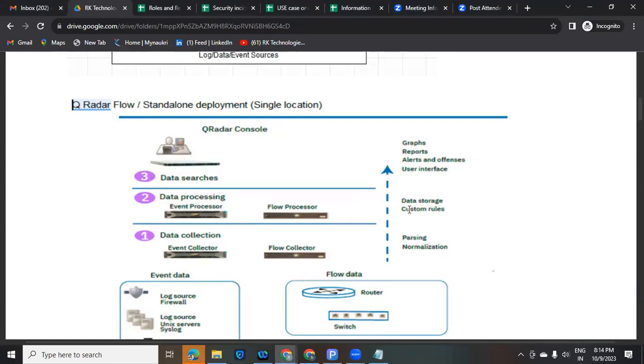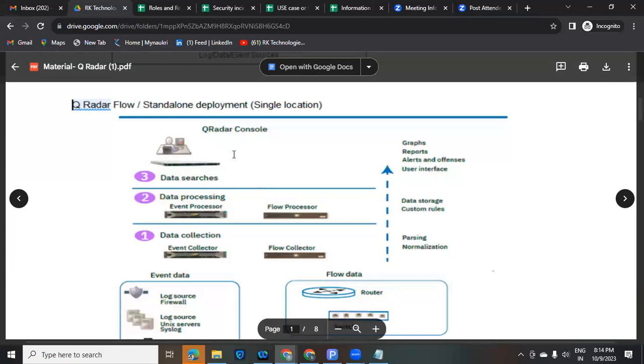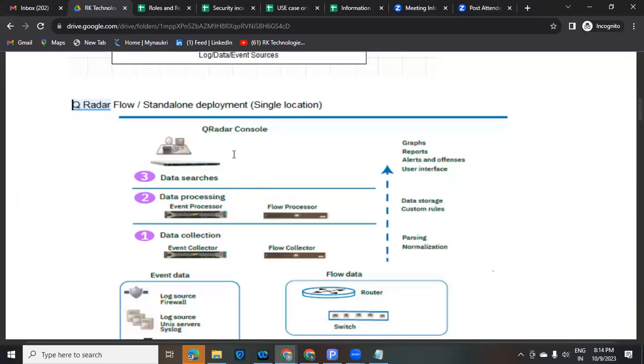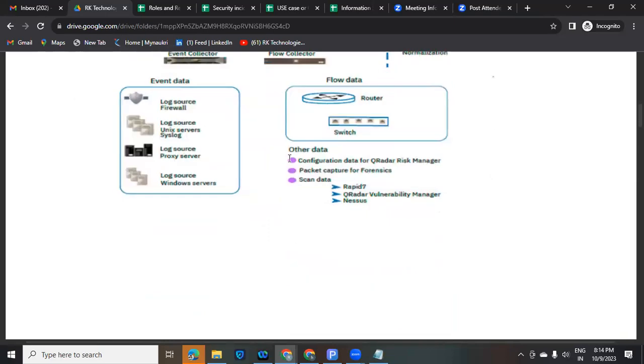And whenever any attacker tries any malicious activity, those logs will hit our correlation rule engine, which is nothing but custom rules. Finally, on the front end of the QRadar console, alerts or offenses will be generated. Those offenses will be taken care of by L1, L2, and L3 incident investigation or forensic analysis. So this is for standalone deployment.